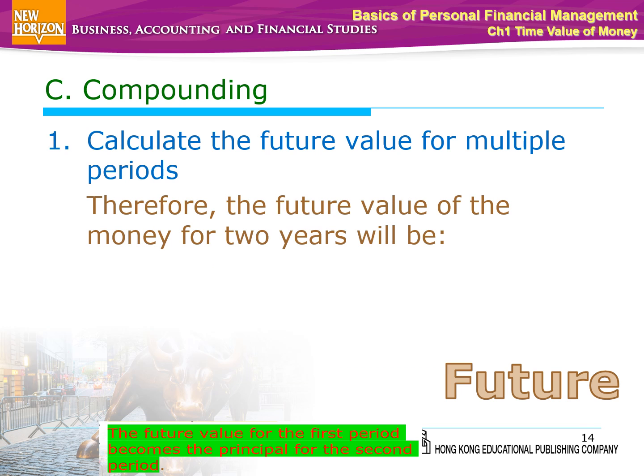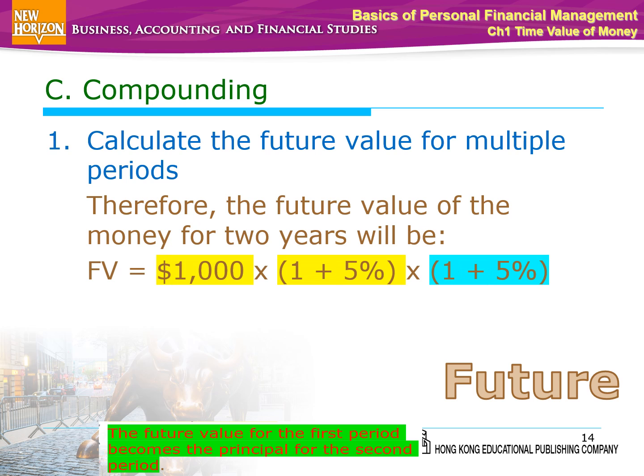So making use of the formula, the future value of money for 2 years will be: future value is equal to 1,000 times 1 plus 5%. The part in yellow means the principal at the beginning of the second year, times another 1 plus 5%, which will be the amount at the end of the second year.